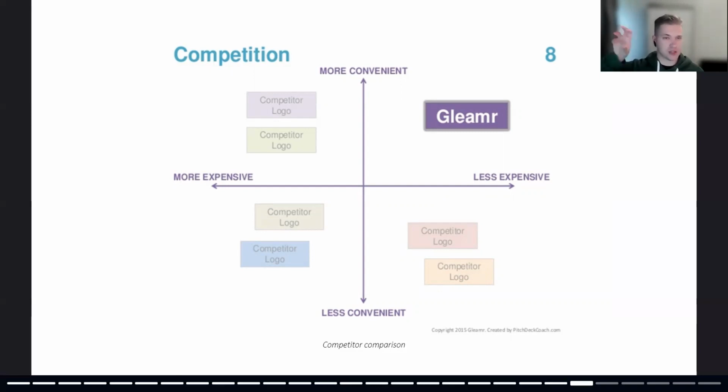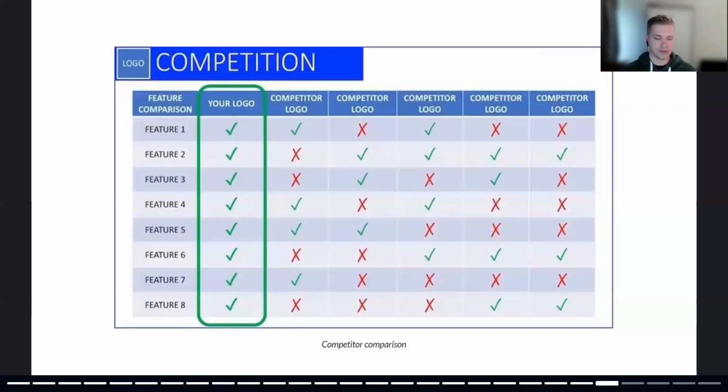We are in the best position. We have everything from the best. In this case, in the slide, we are less expensive and more convenient, and that will make people use us and not our competitors. So check which way would be best used for your case.